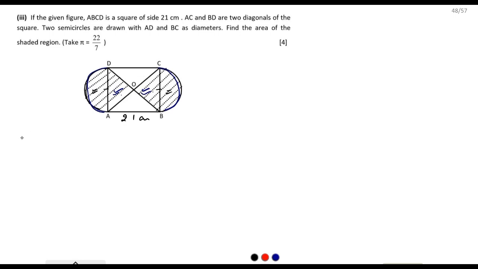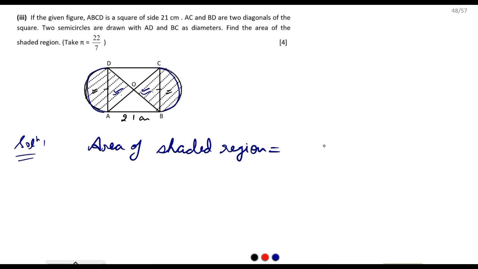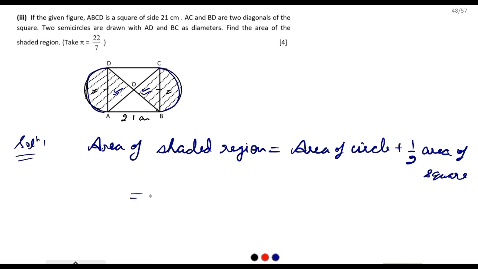Then area of shaded region will be equal to area of circle plus half of area of a square, because diagonals of a square divide it into 4 equal parts. Now area of circle is pi r square and area of a square is a square.